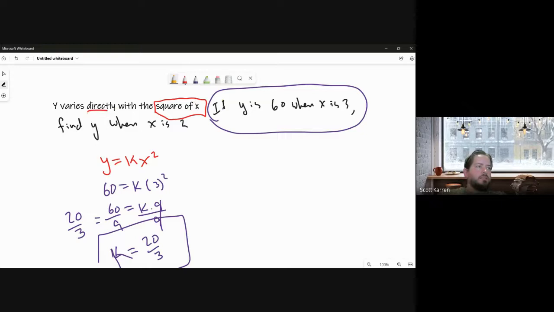Find y when x is 2. Well, if x is 2, then y equals k, which I know is 20 over 3, times 2 squared, or 20 over 3 times 4, or simply 80 over 3.